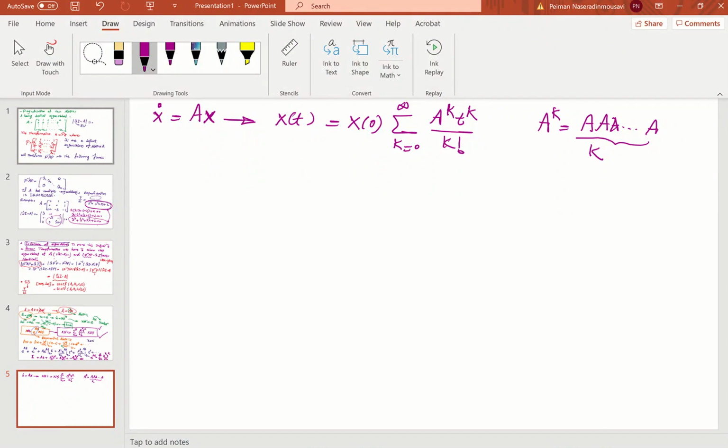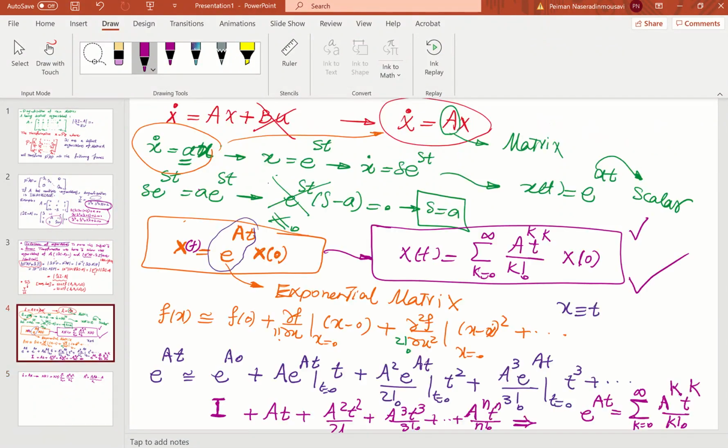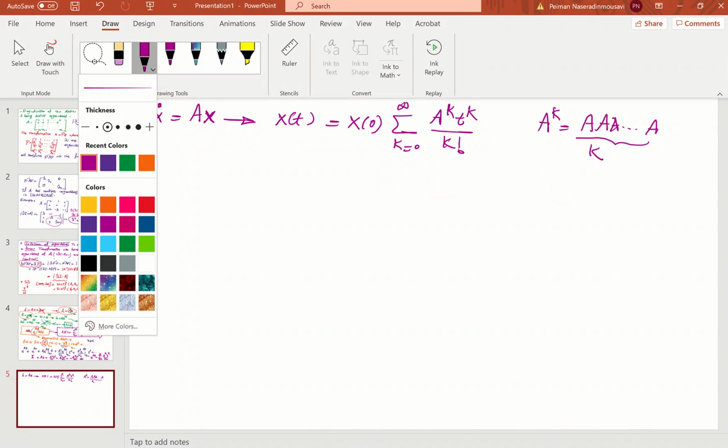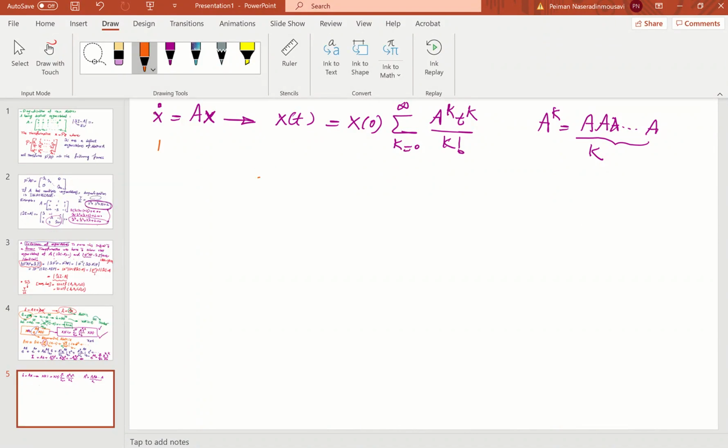Now if you look at here, I told you that the first time derivative of this is going to be this. You have to see how it's possible. It's very easy because I taught you the Taylor series expansion, guys. So if I want to see the first time derivative of the matrix exponential e to the At, I want to see that, based on whatever I developed. Hold on, I have to fix this.